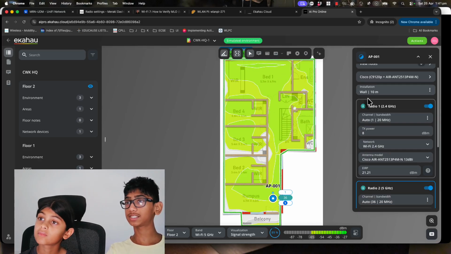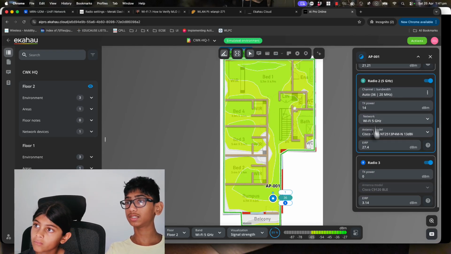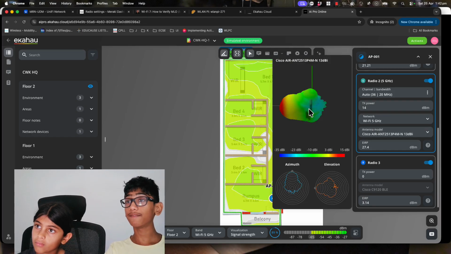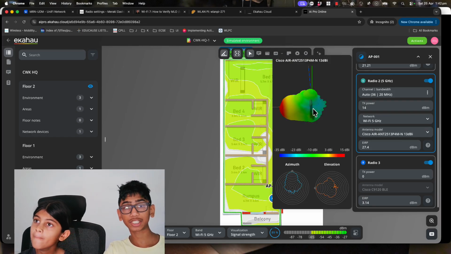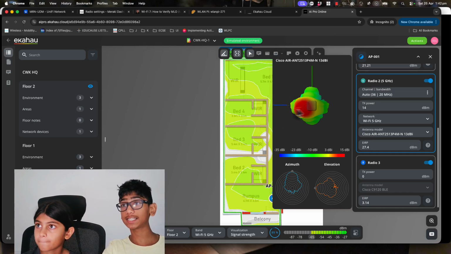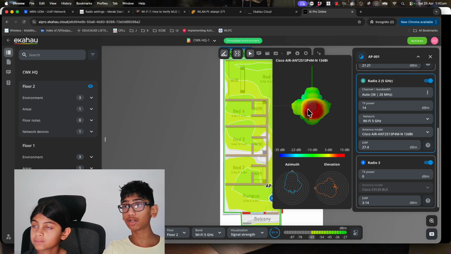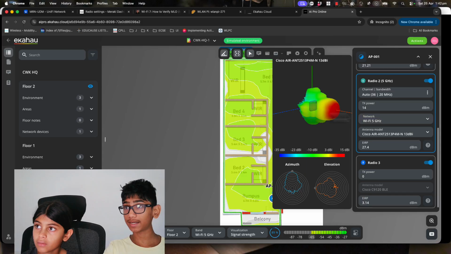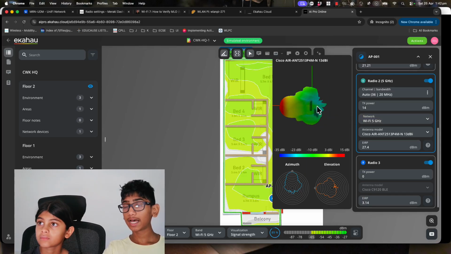And now let's just show, and now you can see with the signal, it's different to the omnidirectional AP signal. Instead of it being 360 degrees for the red, it's focused on this one point and goes in this one line here. And the rest of it is weaker than the red.